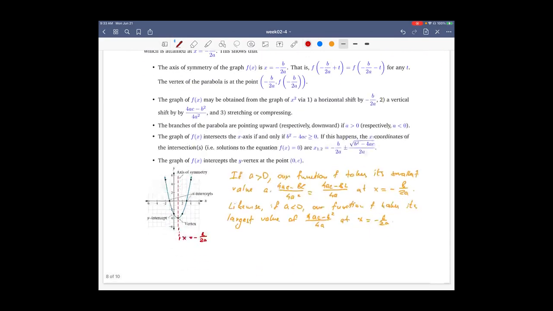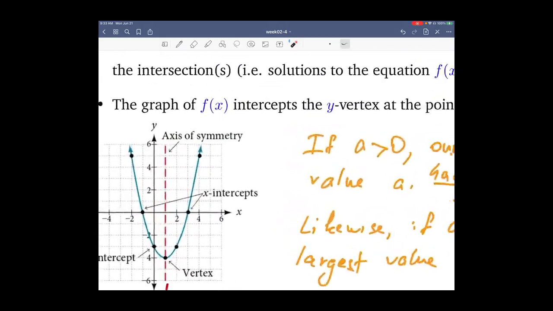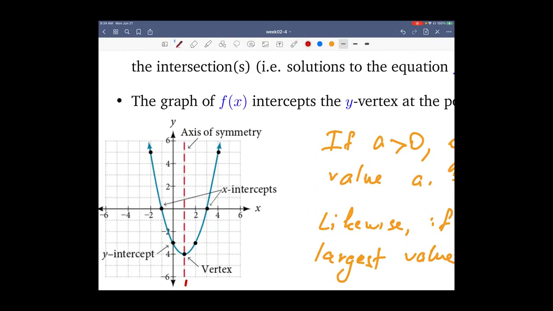The vertical line passing through that point, the vertex of the parabola, is also the axis of symmetry. What does that mean? It means that if you step away from that vertical line by some t in either direction, to the right or to the left, the value on the parabola will be the same.